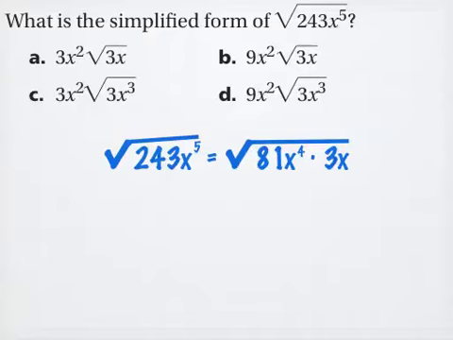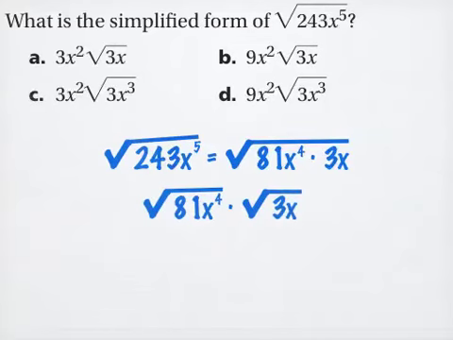Go ahead and break this up using the multiplication property, and you get the square root of 81x to the 4th times the square root of 3x. Well, the square root of 81 is 9, and the square root of x to the 4th is x squared. So the square root of 81x to the 4th becomes 9x squared, and then times the square root of 3x. So my answer here is going to be B.